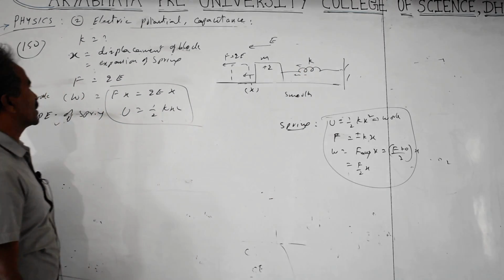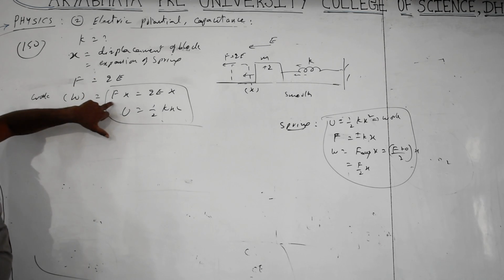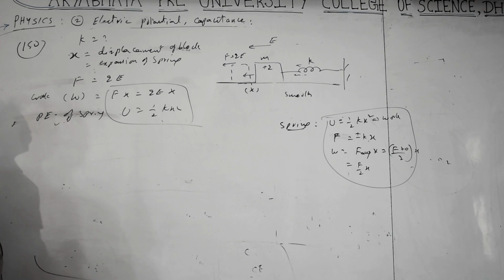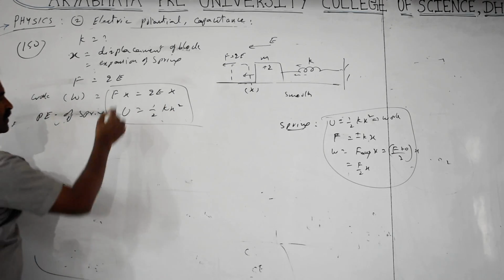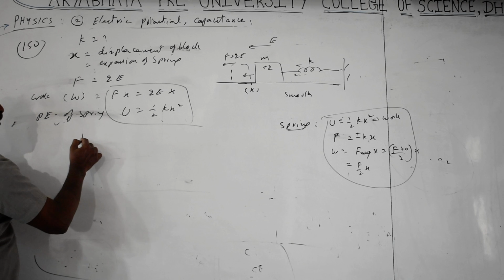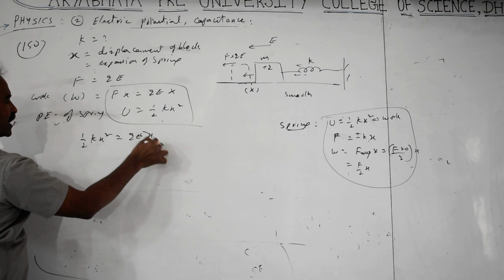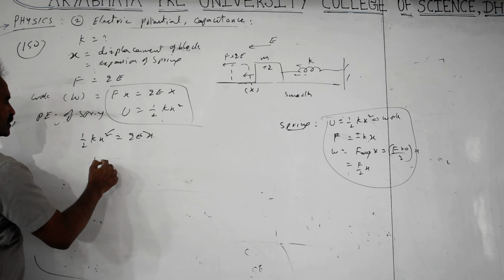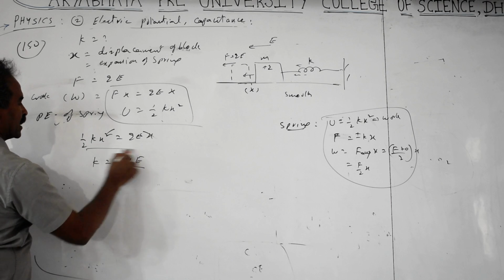So F equal to QE, work done by the electric field is Fx, QEx, energy stored is half kx square. Equate these two works and energies. So what you get is half kx square equal to QEx, one x cancels, k we want equal to 2QE by x is the formula.